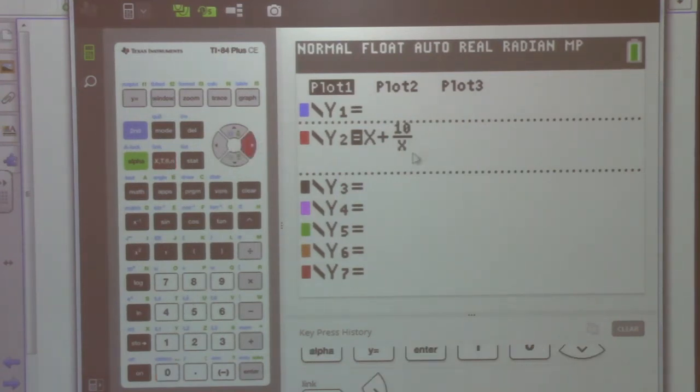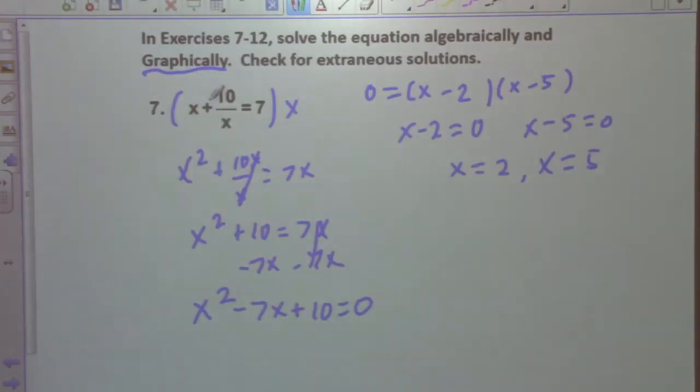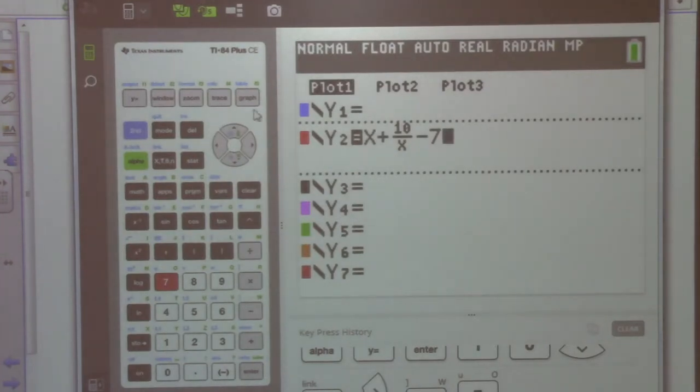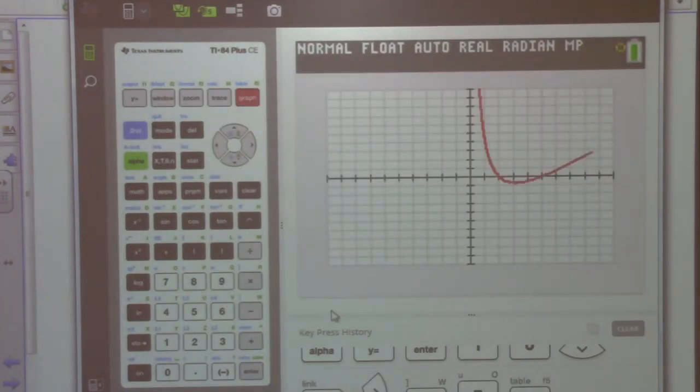To solve by graphing, if we subtract that 7, you see what I'm doing? I'm taking this equation right here and subtracting 7. You see what I did? And then when you do that in graph, you have this thing right here.